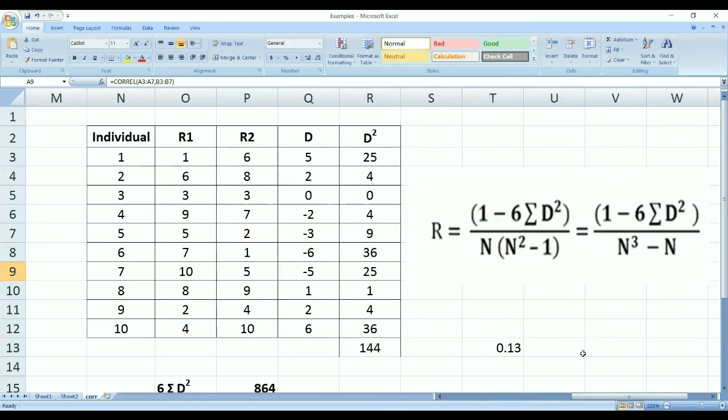Have you done with this example? If you want to check the answer, you can do it this way also. Have you completed this example? Are you getting the answer? So tomorrow we will see the regression.